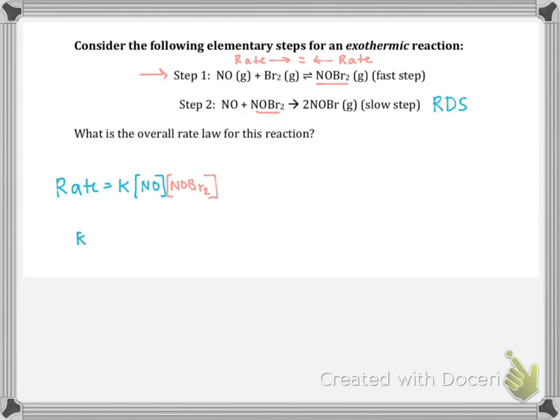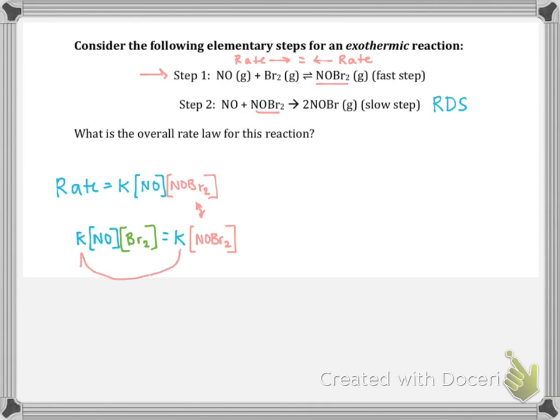We'll have some k, NO, Br2, and then we'll say that's equal to some other k times the concentration of NOBr2. And so now we have some kind of link where we can get rid of our intermediate.